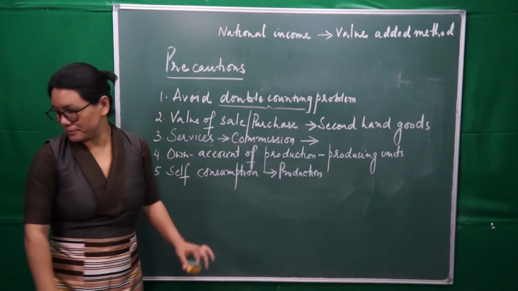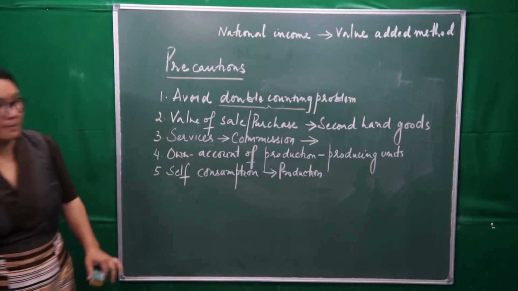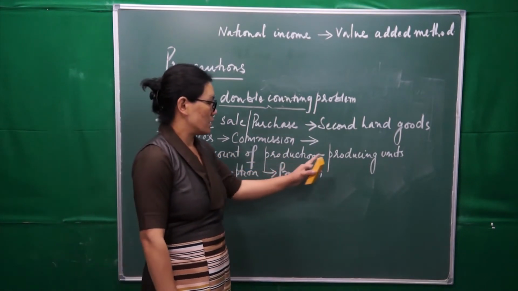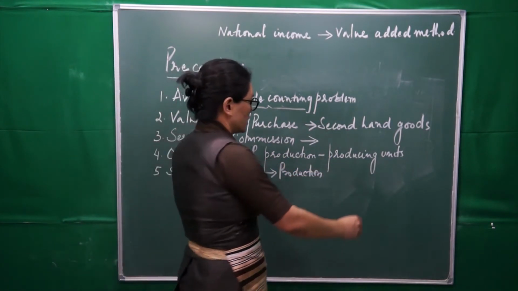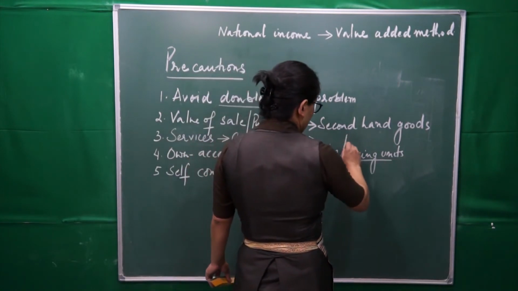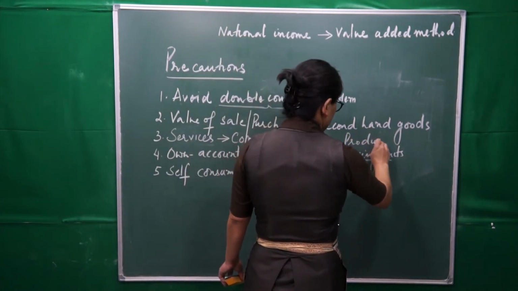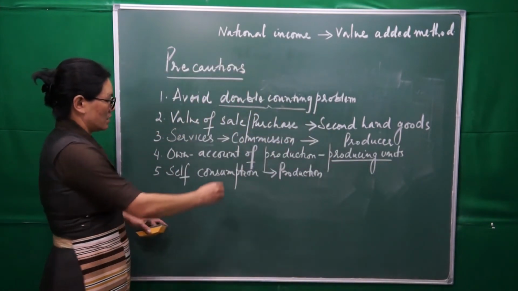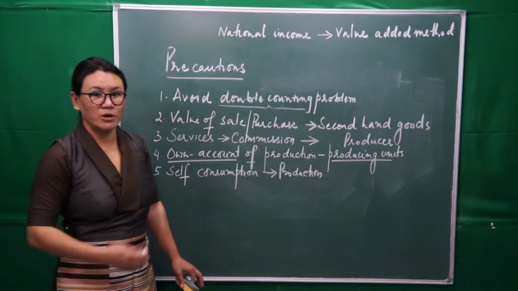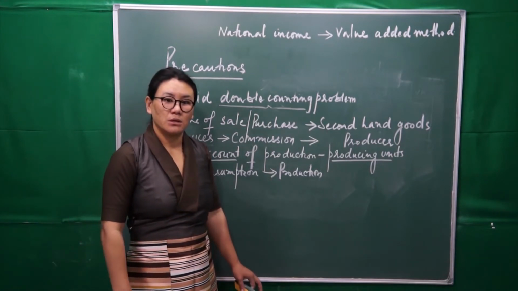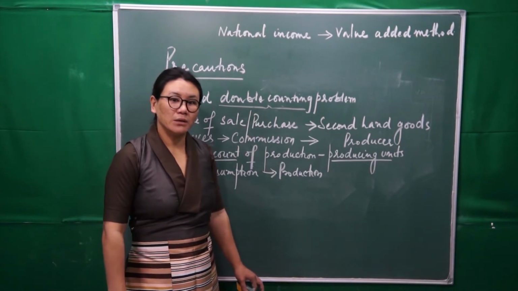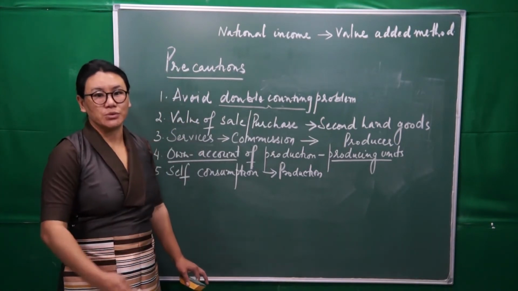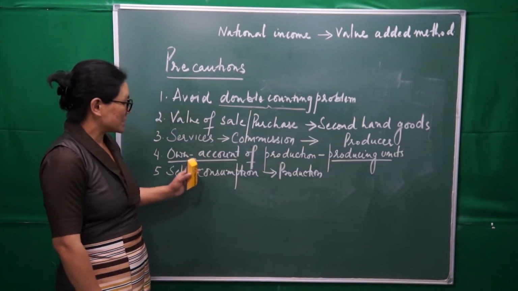It looks similar here. What does it say? On account of production by the producing units. A producer is producing something. On account means for himself. Is that clear? Production for his own use is called on account.